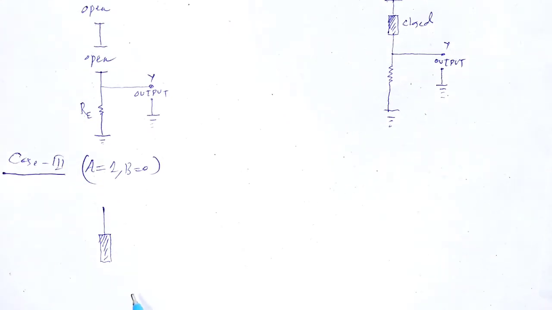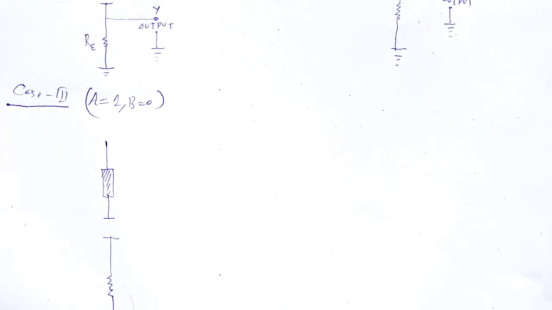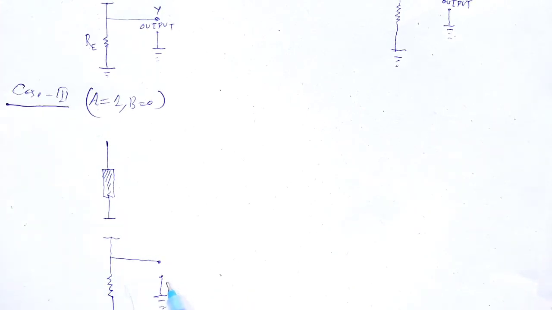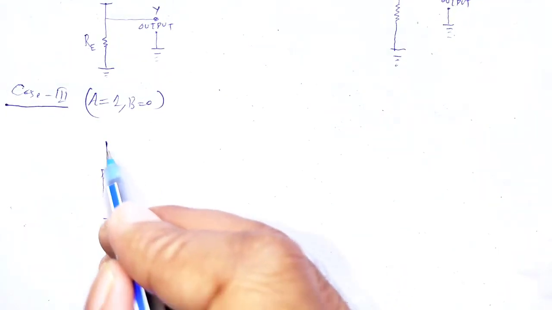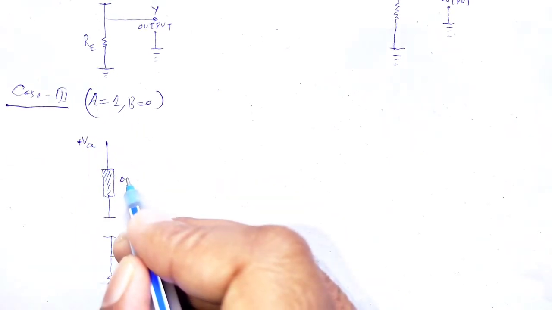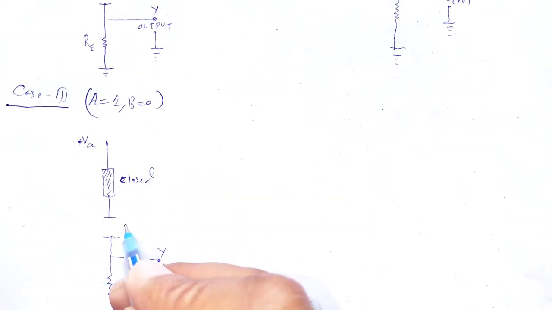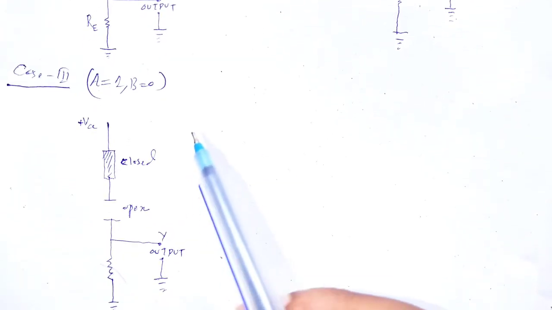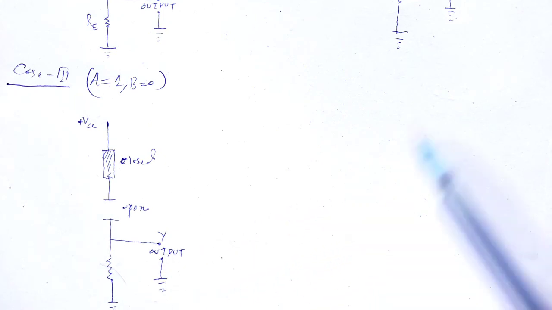Closed, next open, it is connected to ground, and the output Y, as we have output, plus VCC. A is equal to 1, so it is closed, B is equal to 0, it is open, and again that is open, so VCC is not completed, so at output we have also 0.